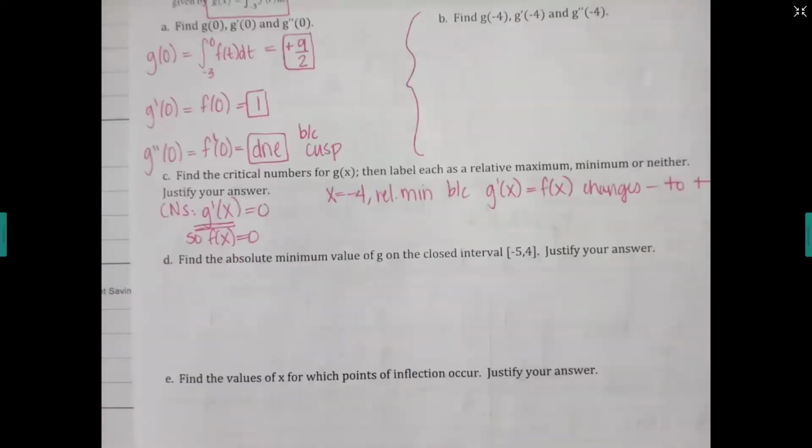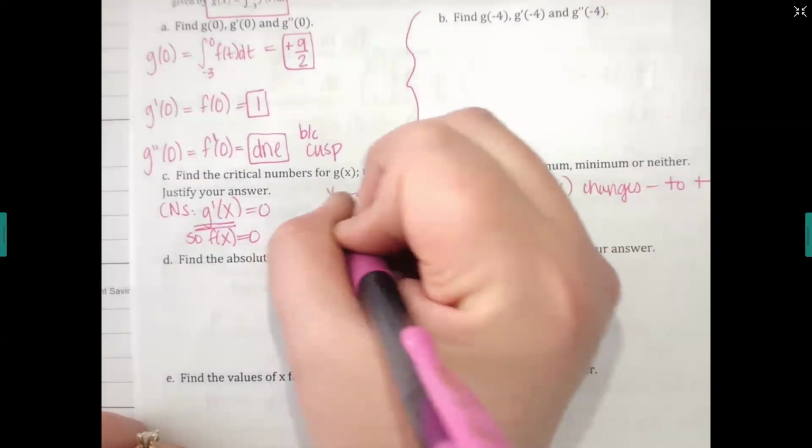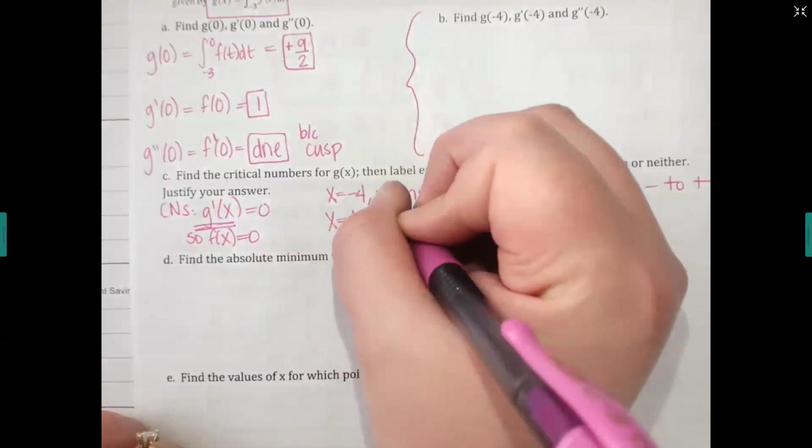Okay, so write that down. At -4, you have a relative minimum because G prime, which is really F, goes from negative to positive.